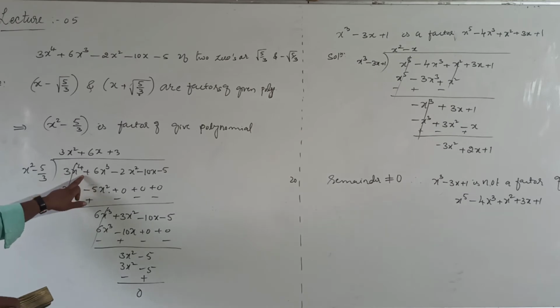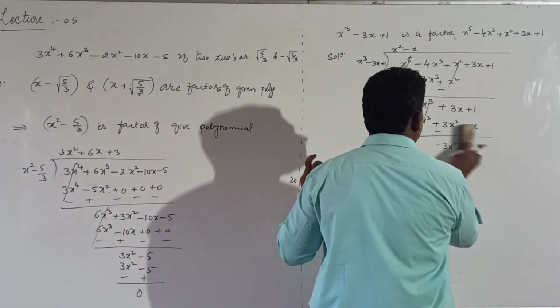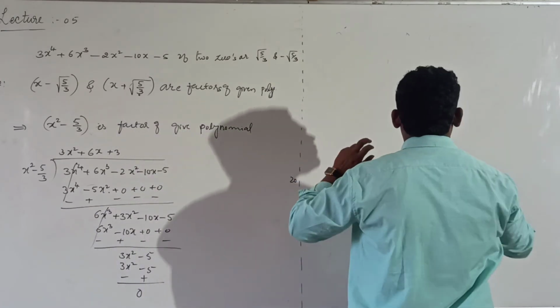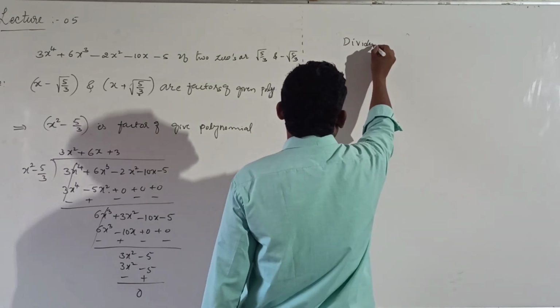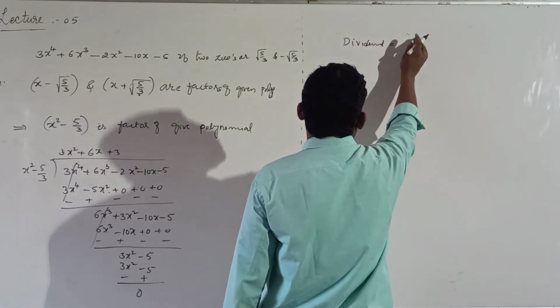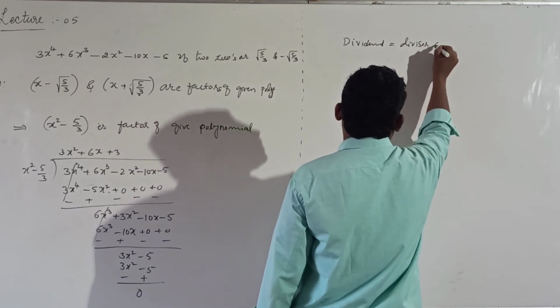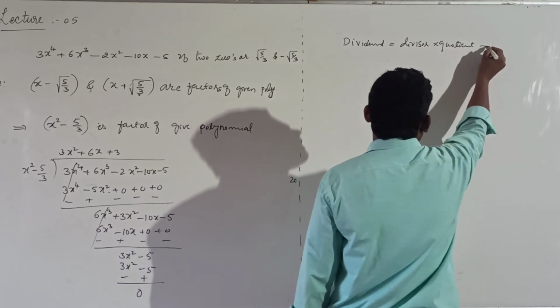how can the dividend be written? Dividend equal to divisor into quotient plus remainder.